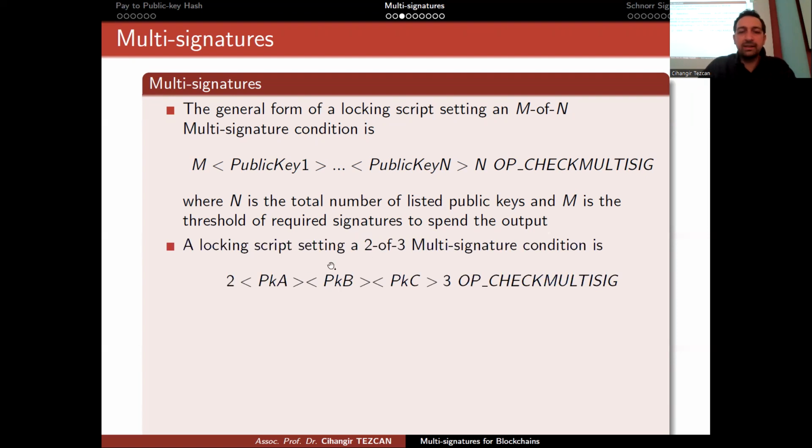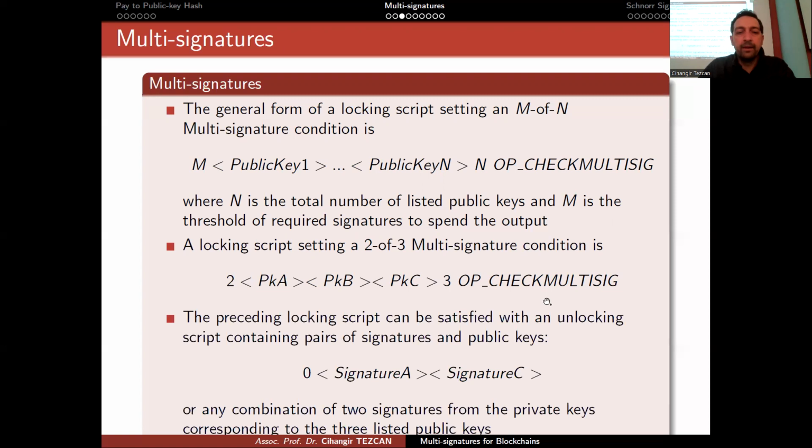So for instance, a locking script setting a 2 out of 3 multi-signature condition is as follows. You write 2 and provide 3 public keys, then 3 OP_CHECKMULTISIG. So this is how a traditional 2 of 3 multi-signature looks like, okay? And this is the locking part.